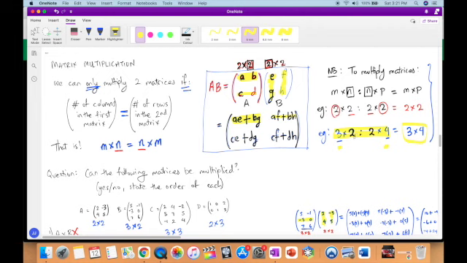So we could see here 3 by 2 being multiplied by a 2 by 4. So the number of columns is 2. The number of rows in this one is 2. So yes, they can be multiplied, but the outside number will actually give you the matrix that you will end up with as your answer.